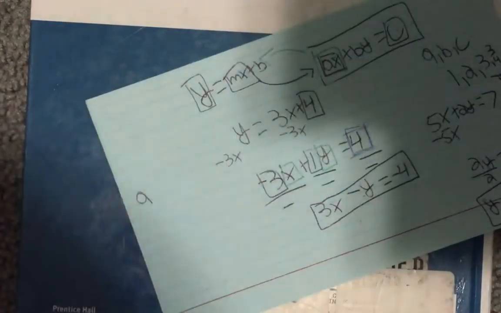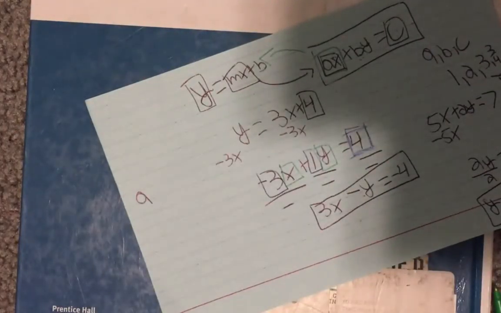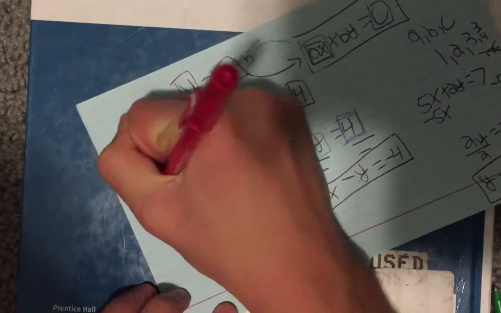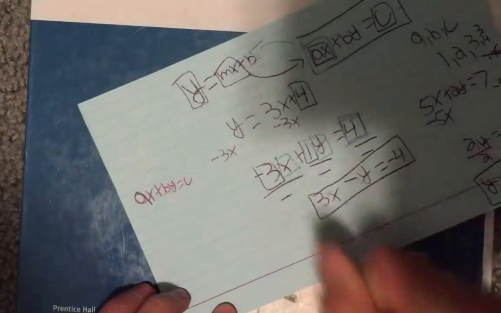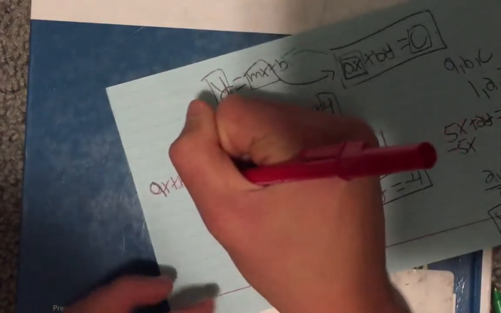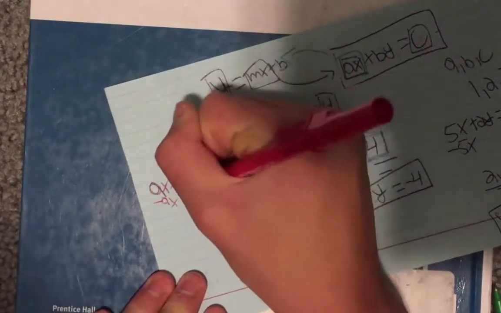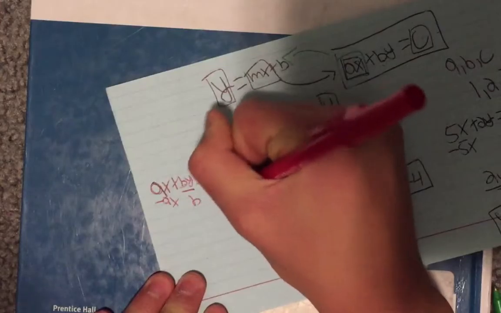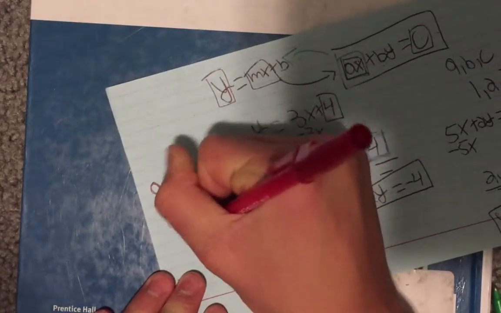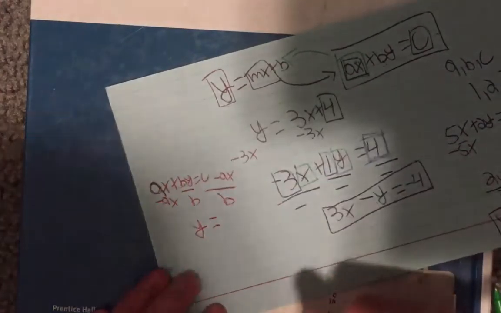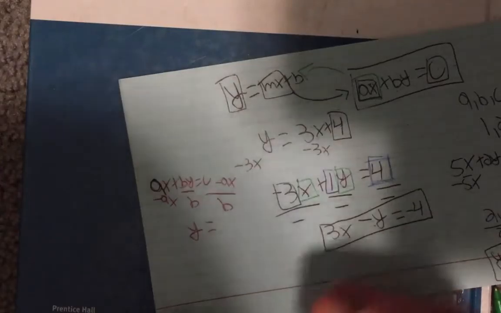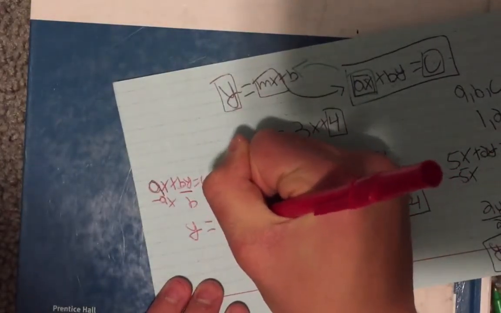So ax plus by equals c. Different pen. Where's the red pen? Alright, so ax plus by equals c. You want to isolate your y. Minus ax, divide by b. So y equals c over b.